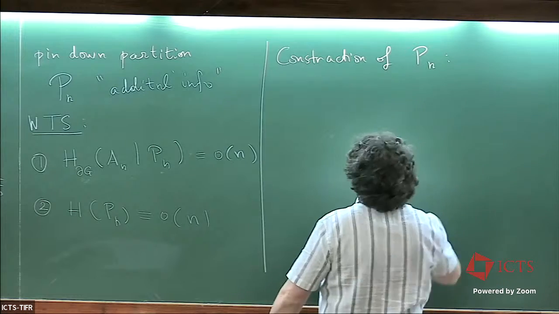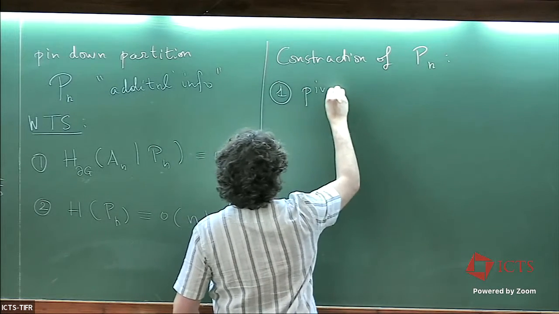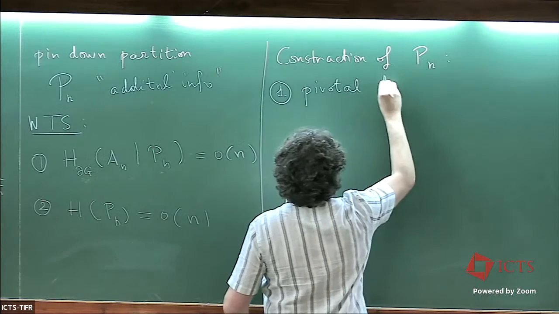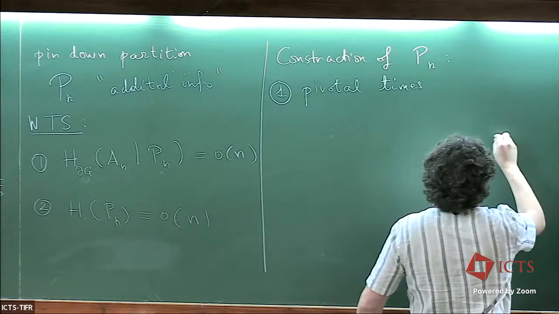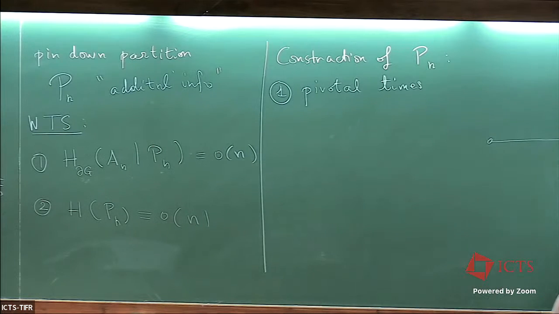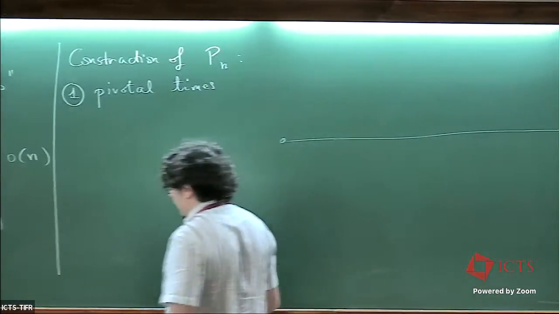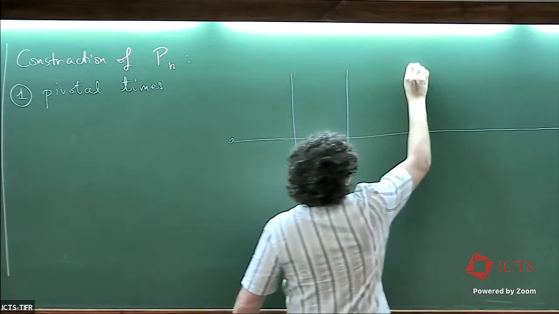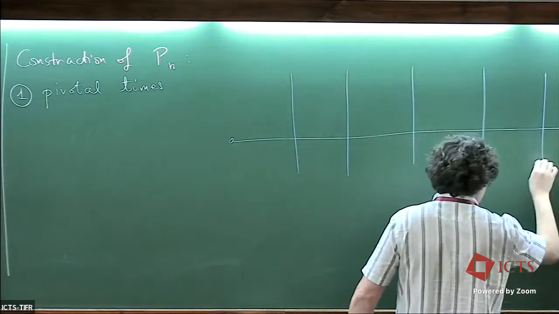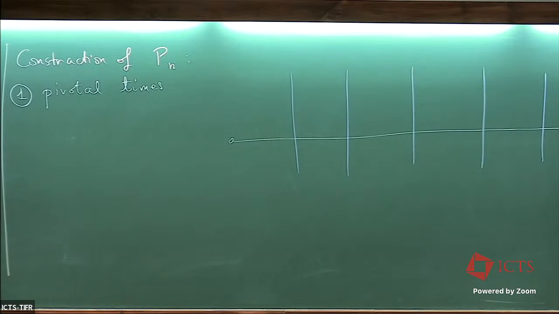Okay, so what is the construction of P_n, which we gave yesterday? There are three things that we can say. The first information we want is pivotal times. Again, this would be our caricature sample path. Recall that we split the time into a bunch of intervals. So we introduce various constants.